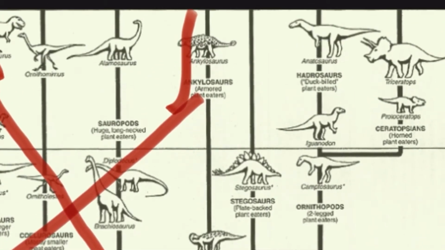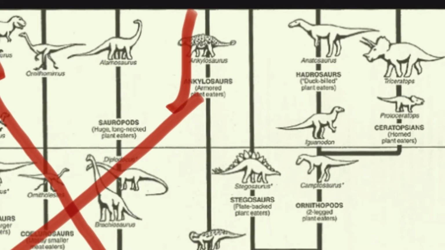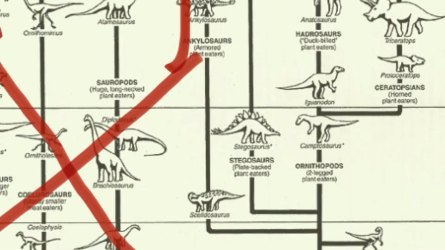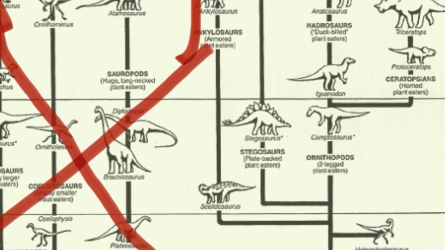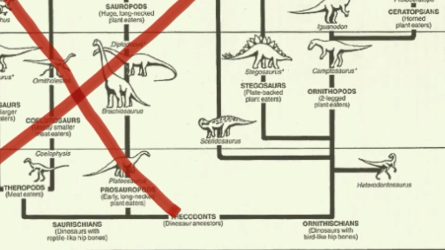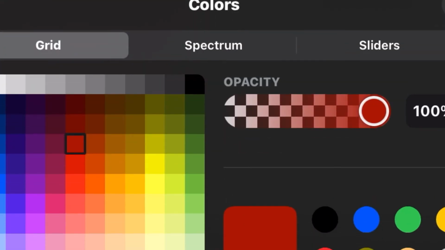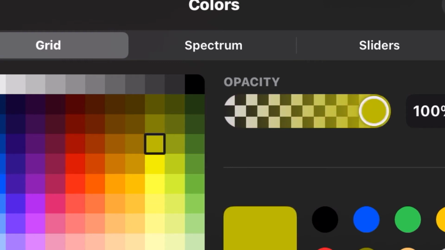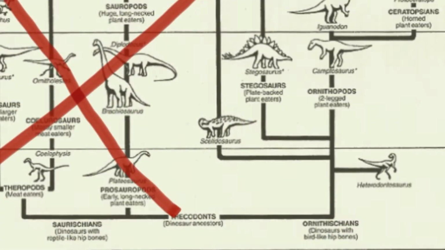So Hadrosaurus ate plants. Triceratops ate plants. You get the point. So most, if not all, of the Ornithischian side ate plants.